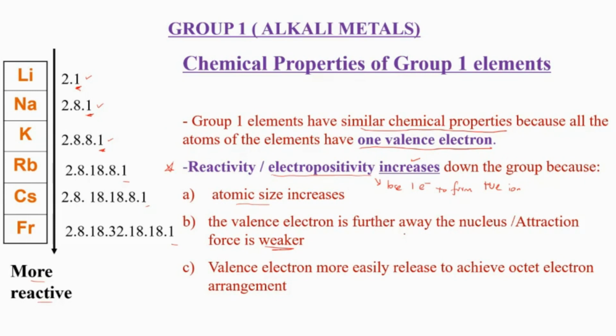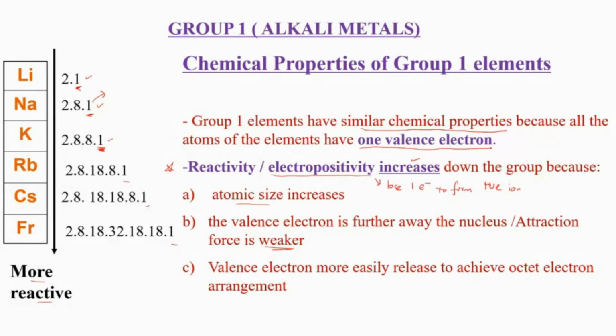Then the valence electron is more easily released. So lithium compared to sodium, this one releases more easily because the attraction force is weaker. Potassium is more reactive than sodium and lithium because the attraction force is weaker compared to sodium and lithium.